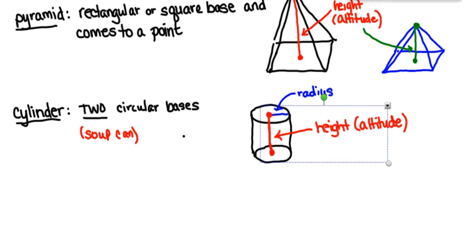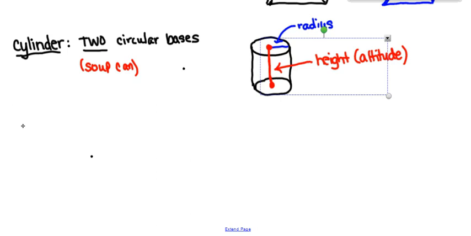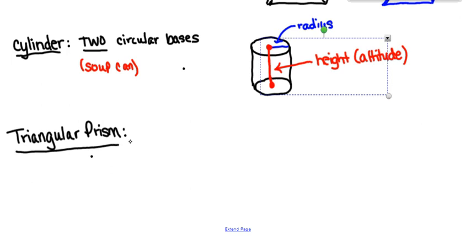And the last figure that we have to talk about is the prism, and this one can be the toughest. I want to talk about the triangular prism first. The triangular prism, like the cylinder, has two bases, but the bases of the triangular prism are in the shape of triangles.